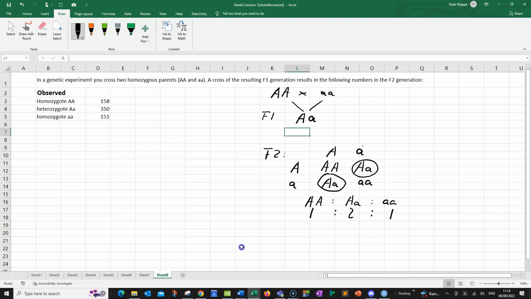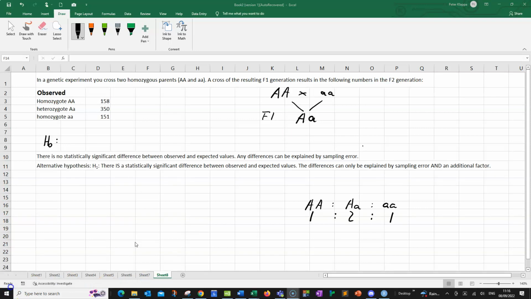And what we need to do is, in the first place, we need to formulate a null hypothesis. So we need to write down a null hypothesis. And this null hypothesis basically gives us an indication of how to make a decision.